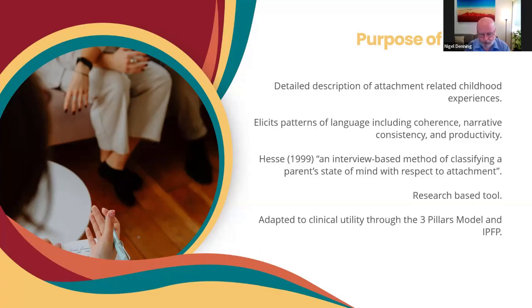And we've used it for particular utility through what we call the three pillars model, which Brown and Elliott developed, and we've gone on to extend in some of our trainings and our practice. Pillar 1 is collaboration, creating a clear, overt relationship with a client based on mutual understanding and mutual agreement.